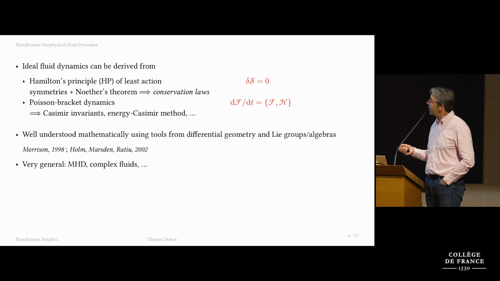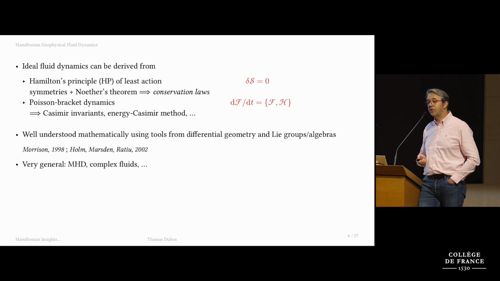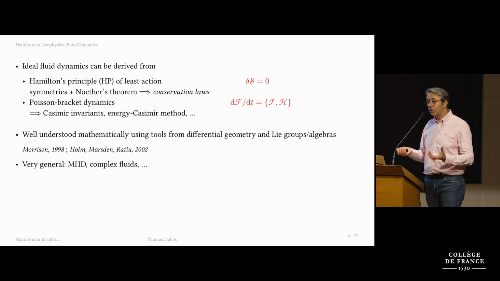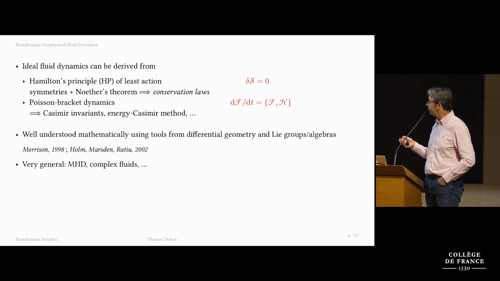And the Poisson bracket dynamics is like two faces of the same coin. It's a different point of view where, instead of writing individual equations for each quantity in your model, you write a kind of master equation for any quantity that you can compute for the model. This master equation contains all the information on the evolution of anything in the model.